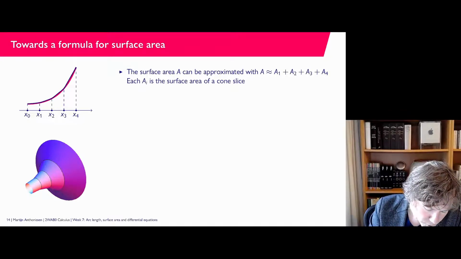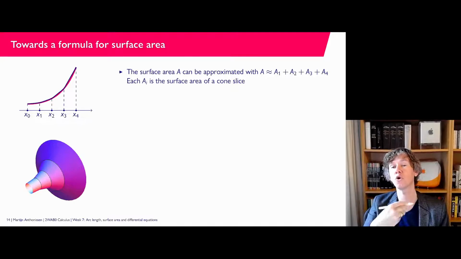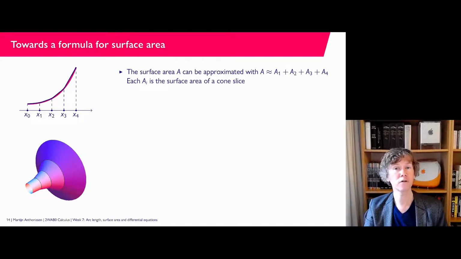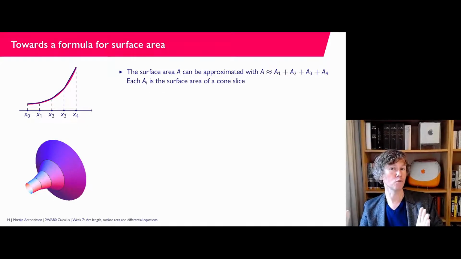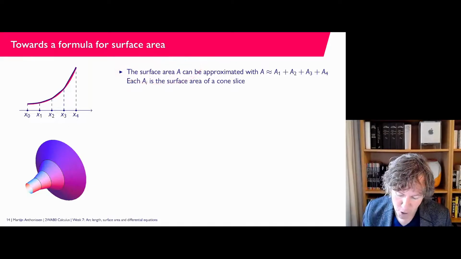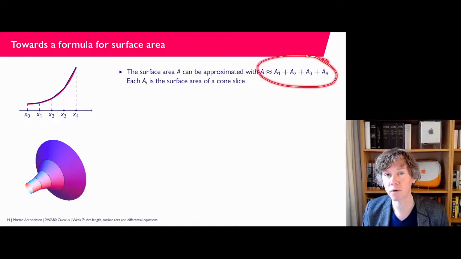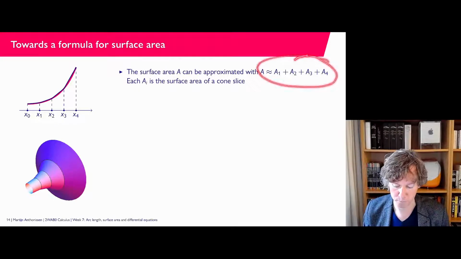On every interval I'm going to approximate the function with a straight line. If you then rotate the straight lines around the horizontal axis, you find 4 slices of cones. And then the surface area of the graph can be approximated with the sum of those 4 areas of the slices of cones.